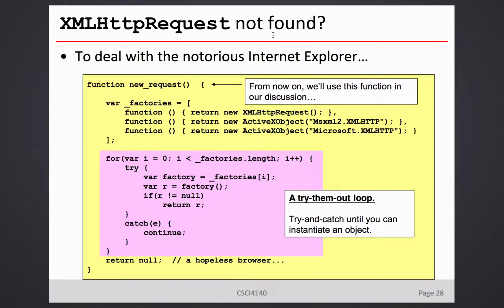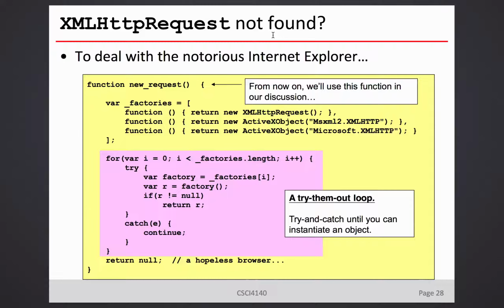The following code is very funny. I copied it from some books. Let's say we don't know what browser you have, and we know that in the world we still have IE6. Then IE6 needs these two ways to create an Ajax object. The first one is something that is normal. The Chrome, the Firefox, the latest IE also use the first line.